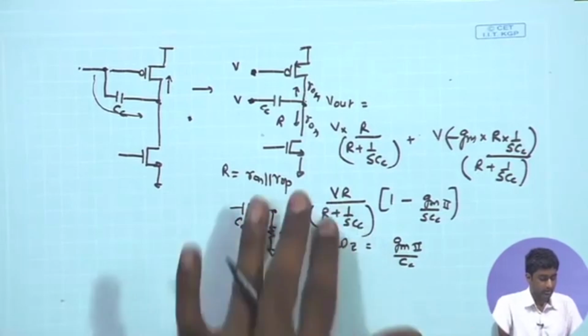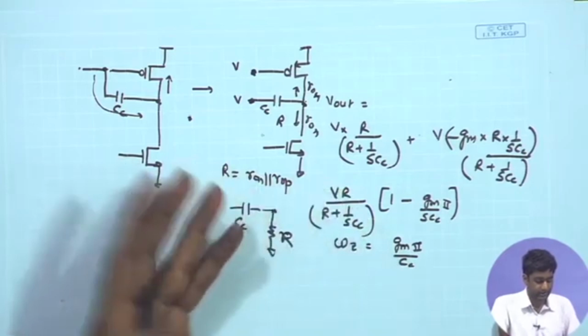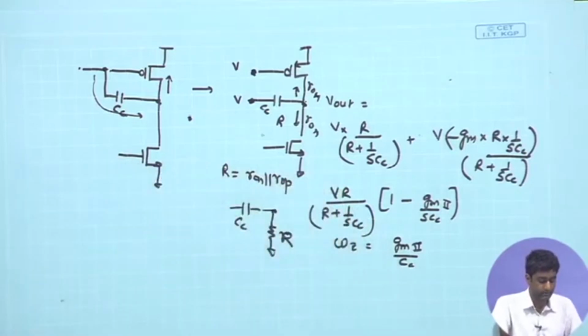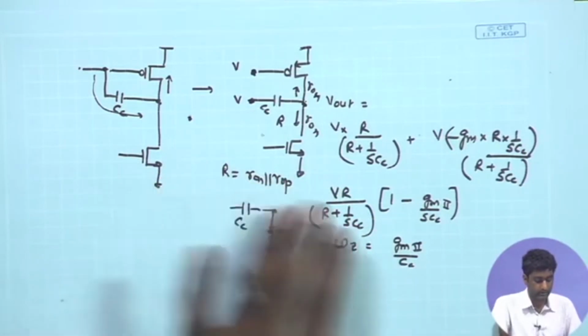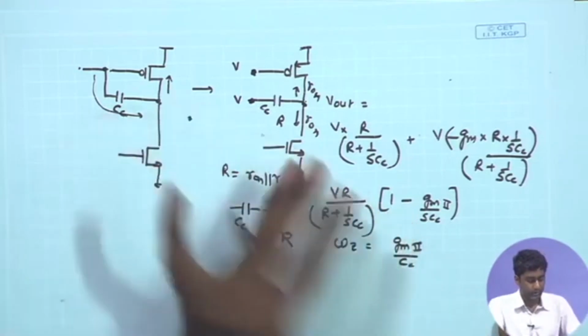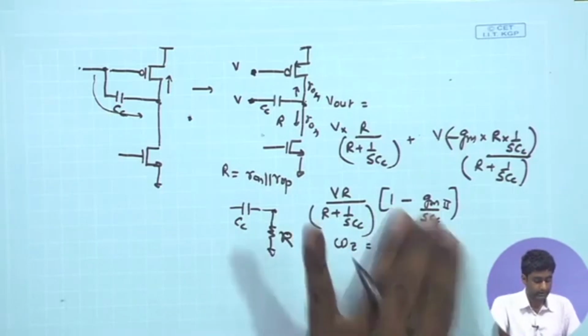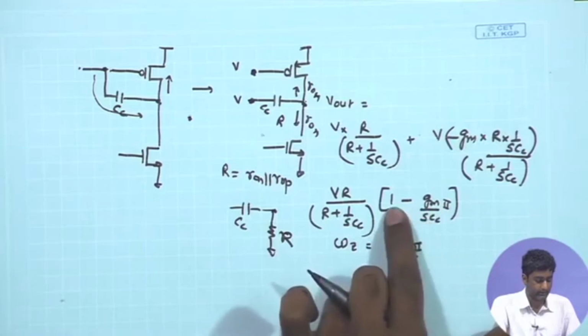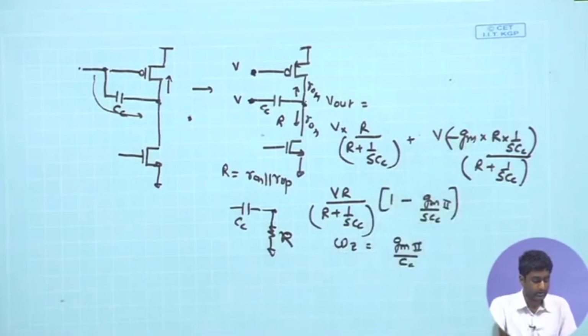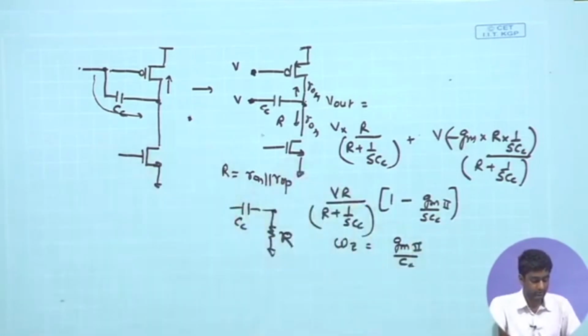Now, in the overall response, I have the first stage which is giving us an inverting gain. So, from there we have inverting gain coming into picture, and an overall 180 degree phase shift coming from there, and we have this second stage once again giving us a 0 term coming over here. So, if I incorporate the gain of the first stage, I already have a 180 degree phase shift because of the first stage, and then we have a second term over here.